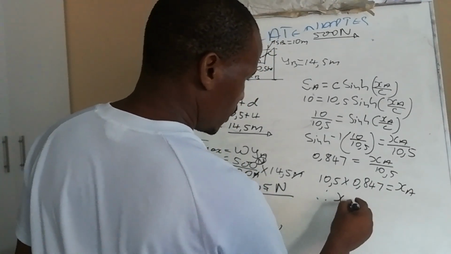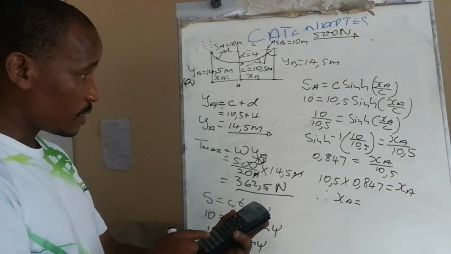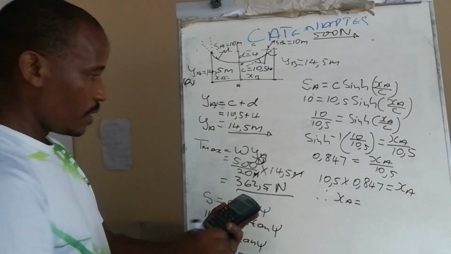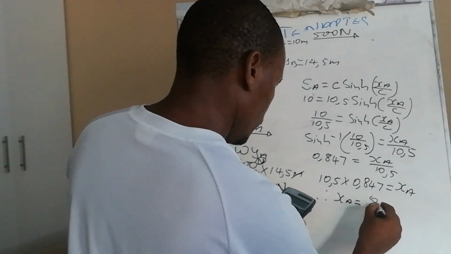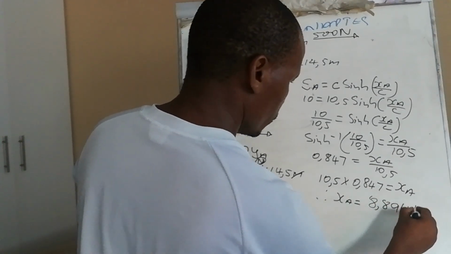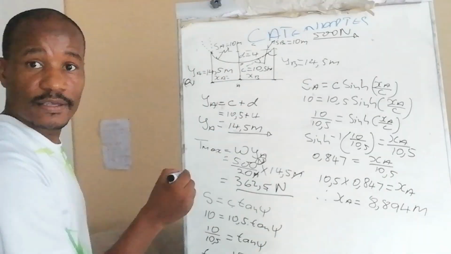Therefore, XA is 8.8964 meters. XA is the distance from here to there.